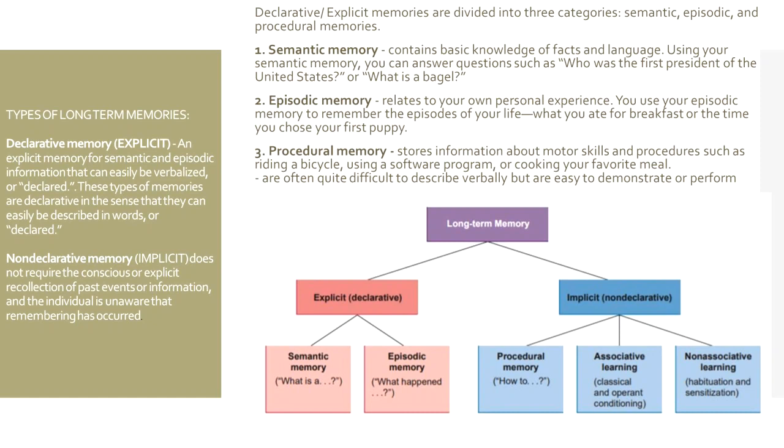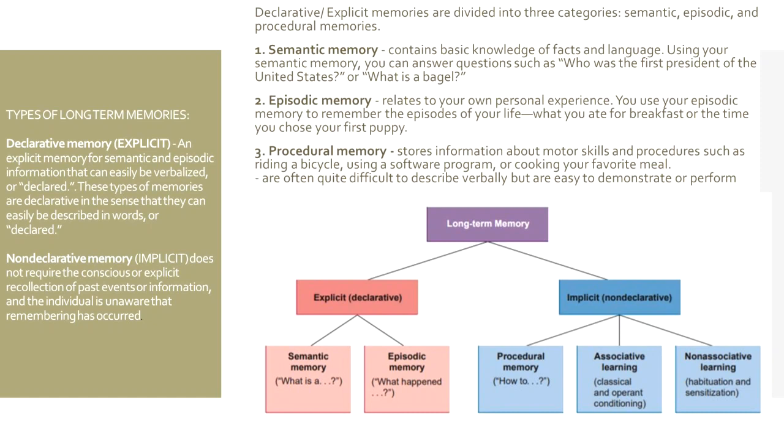And non-declarative naman are implicit types of memory that do not require the conscious or explicit recollection of past events or information, and the individual is unaware that remembering has occurred. So, perhaps may instances na hindi nyo talaga maalala saan na particular yon, but you can remember it, no?